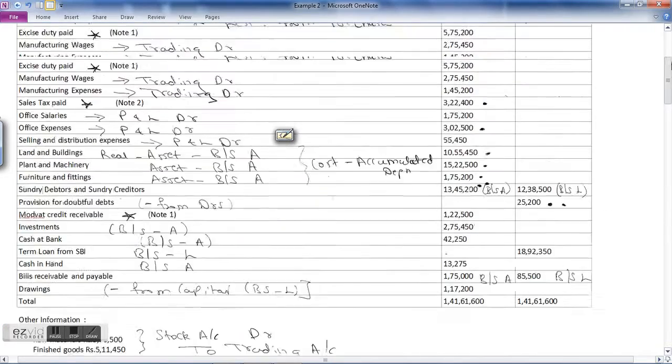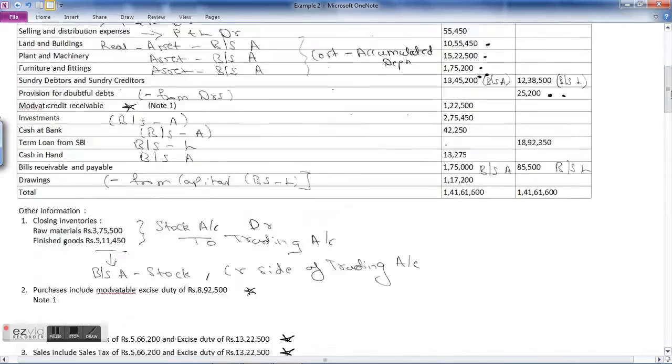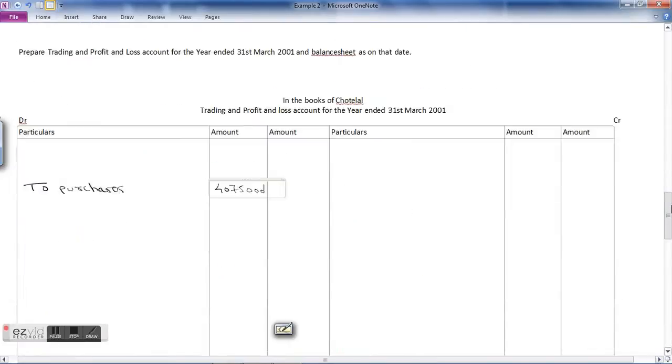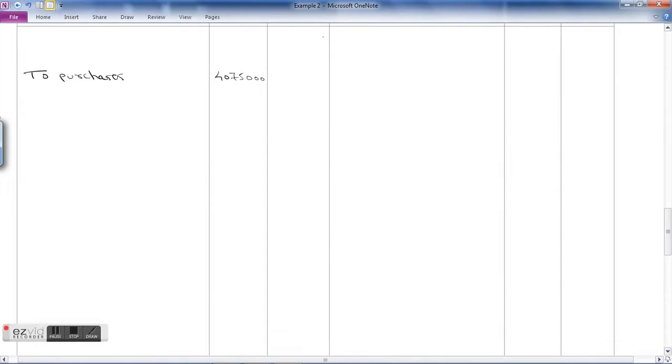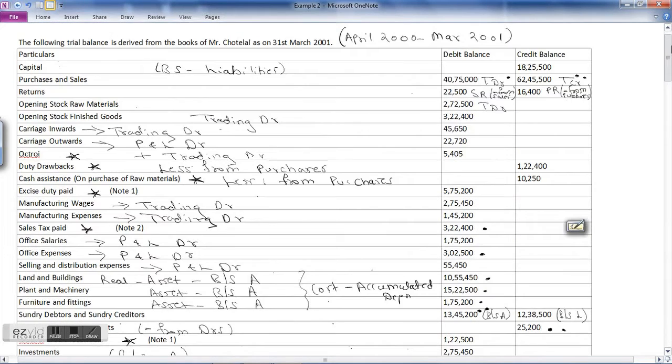Then how much is the sales? 62,45,500 sales. Again, I am putting it in the inner column because there are some adjustments. 62,45,500.